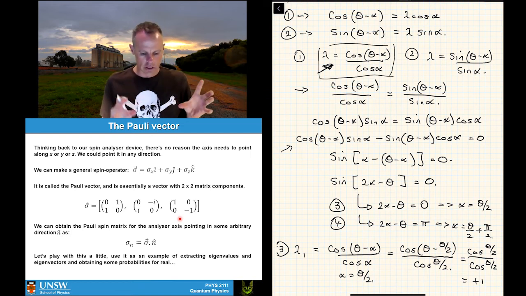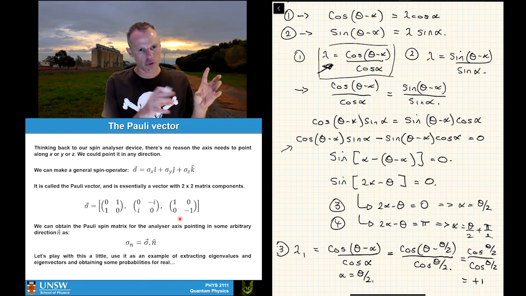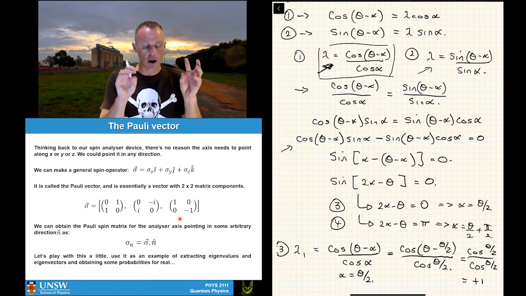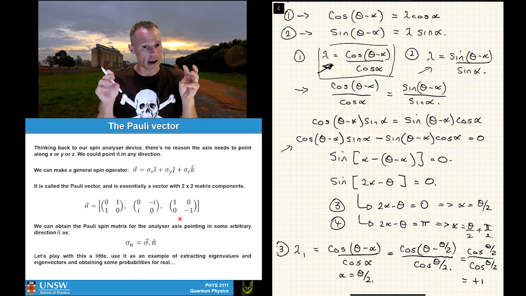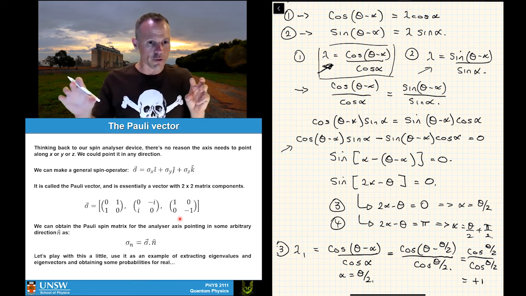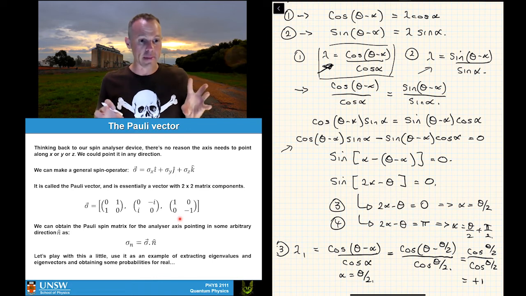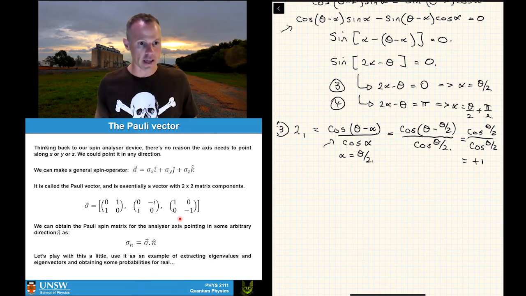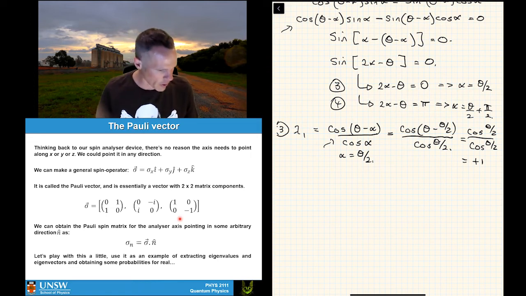And what you'll notice is that we can write it as cos theta minus alpha on cos alpha, but we can equivalently write it as sine theta minus alpha on sine alpha. You can do the other version for yourself and you'll find that you get the same answers. So in here, you could stick the sine version in and you should get the same answer both times we do this.